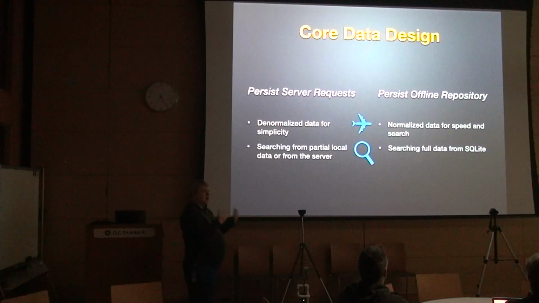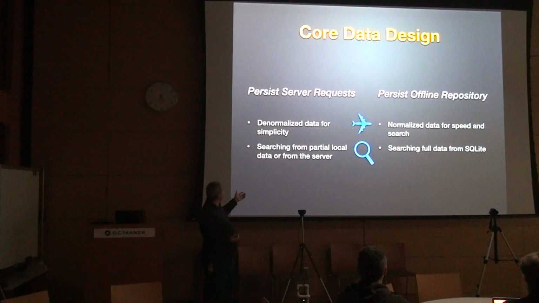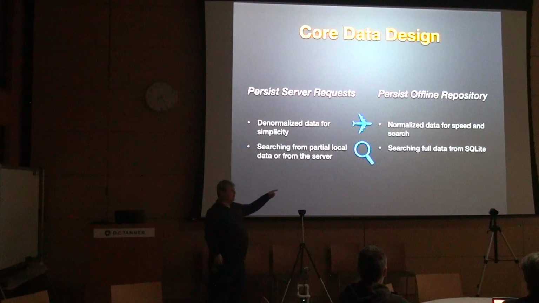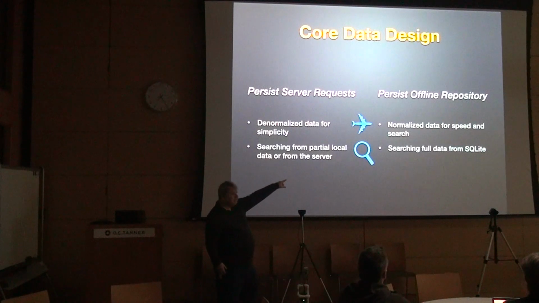And if search is a part of my app, right? I'm talking about app goals. Is search a part of your app? If the answer is no, then maybe server request is totally okay. But if you want to have offline and really fast search, you should definitely go for the normalized data.